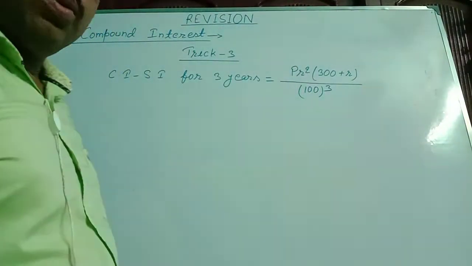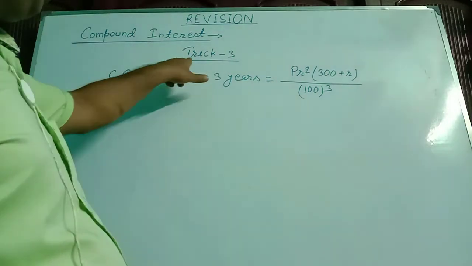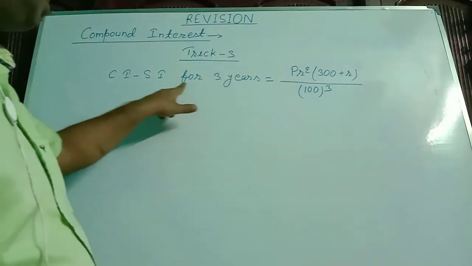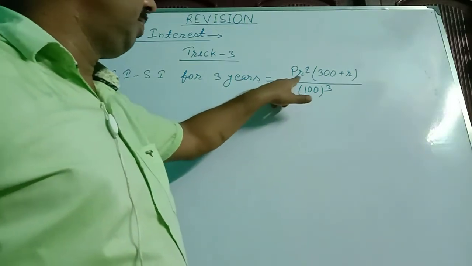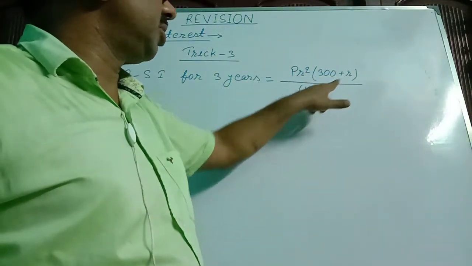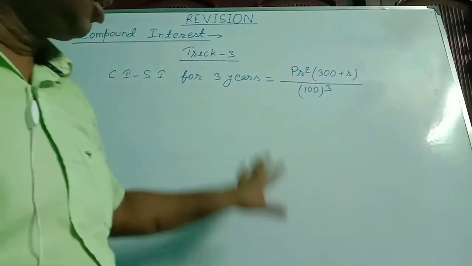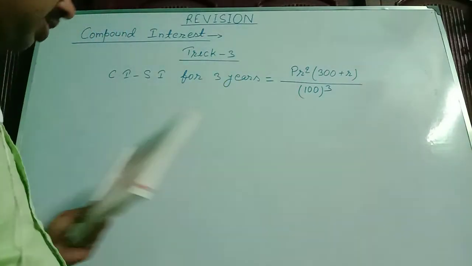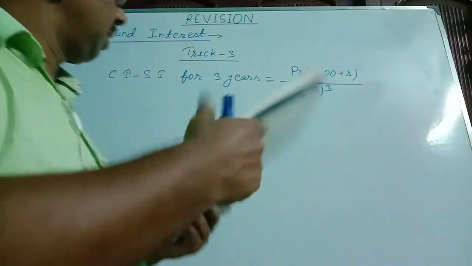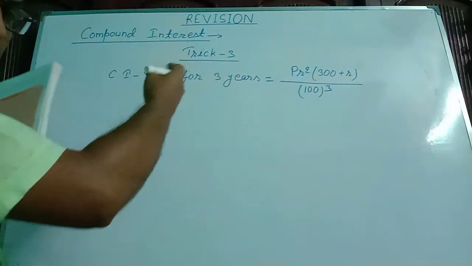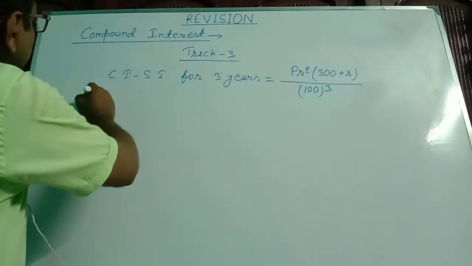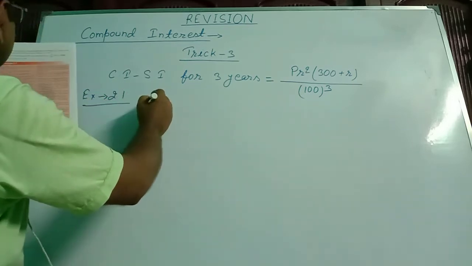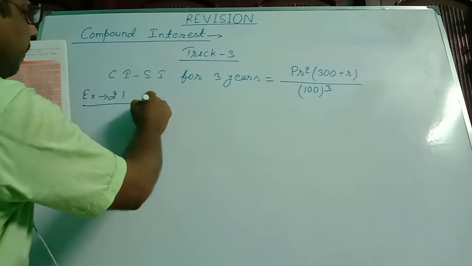At first, I want to apply trick number 3 that states CI minus SI for 3 years equals PR square into (300 plus R) by 100 cube. This is the trick. Now, the question of this exercise 2.1, question number 13.